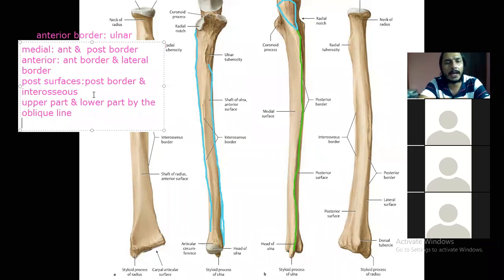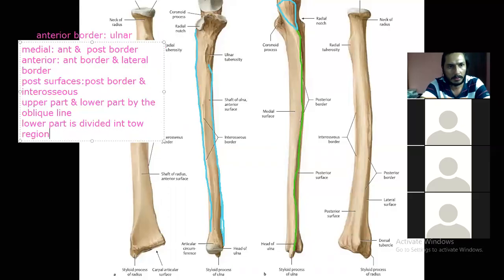And again, the lower part is divided into two regions by the vertical line. Just you remember this thing.